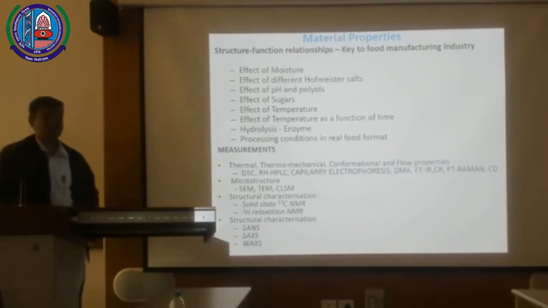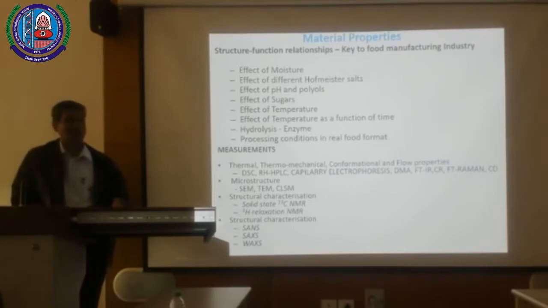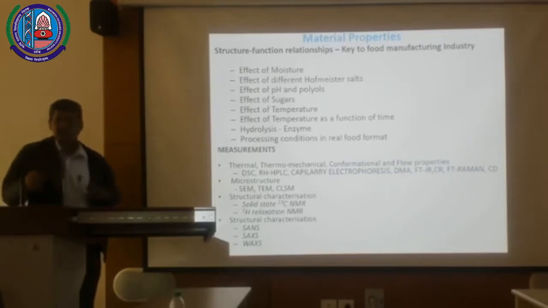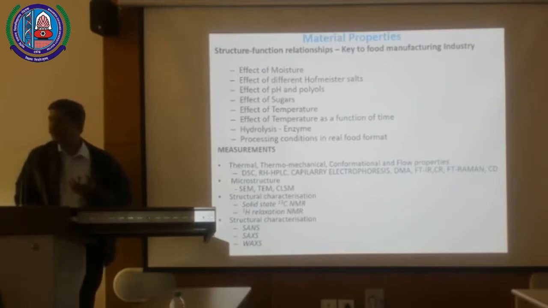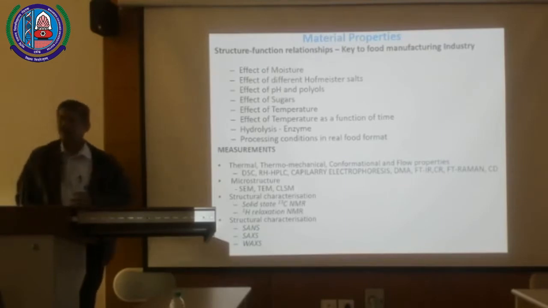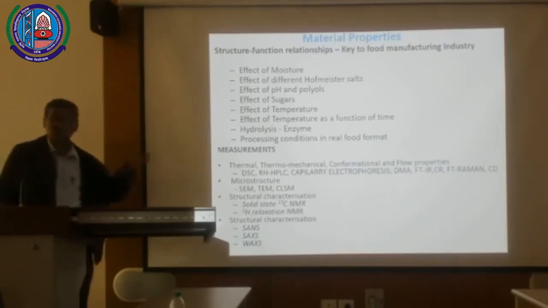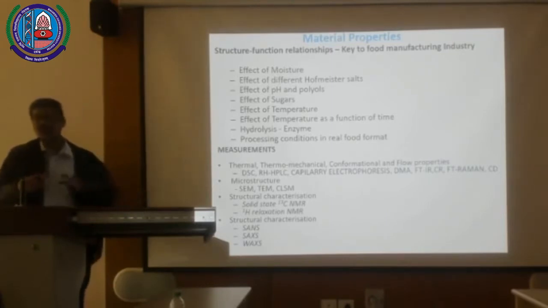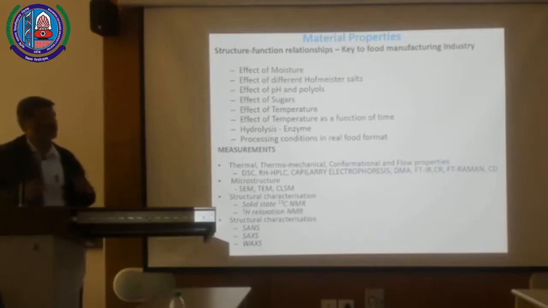Then different ion series, a large series like anions and cations: chloride, bromide, iodide, and cyanide. In that series, we are studying how the salts affect the protein conformation in the solution state. So then you can have the salt interaction, and this way we can have a simpler model first. If pure protein, we understand the kinetics and the material behavior, then move from simpler to complex. Then we can assemble the product.